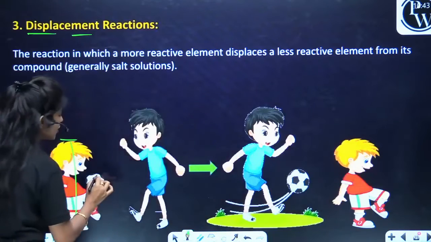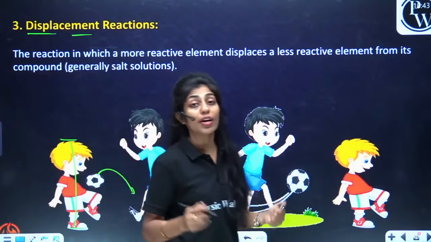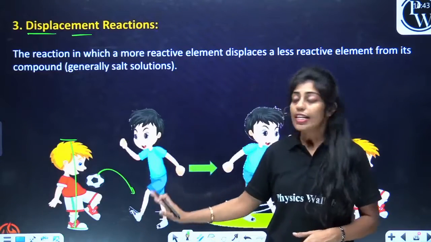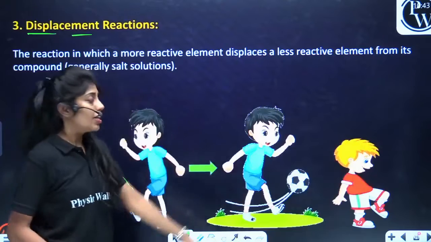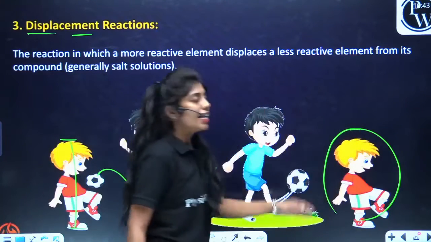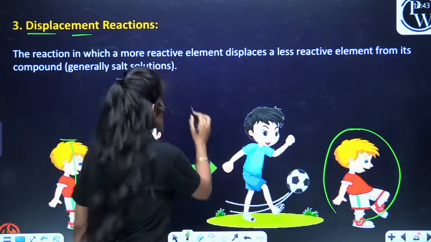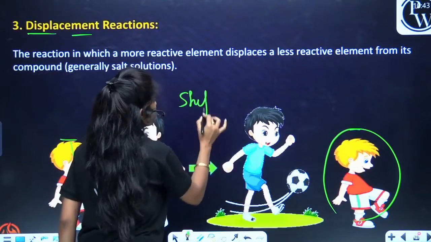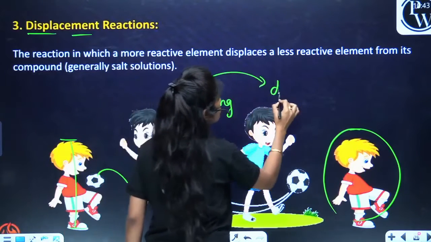He wants this ball, so he takes it. Why? Because he is stronger and taller than the little boy. He takes the ball and goes away. Now this poor little boy is left alone. So you can see there is shifting, and this shifting is called displacement.